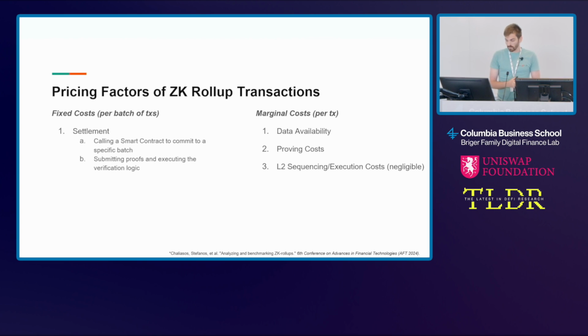And we also have marginal costs, composed of the data availability we need per transaction, the proving cost we need per transaction, and the L2 sequencing and execution costs that basically cover the L2 computation resources, the bandwidth in the L2, the storage in the L2, etc.